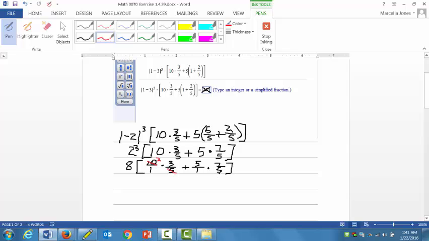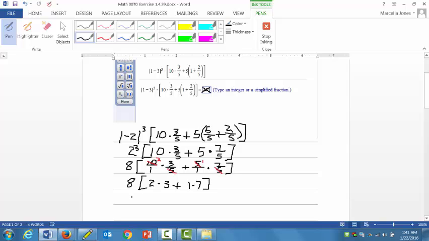I can divide this 5 in the denominator into this 5 in the numerator, and the result is 1. So I have 8 times this grouping, which contains 2 times 3, I've simplified that, plus 1 times 7.